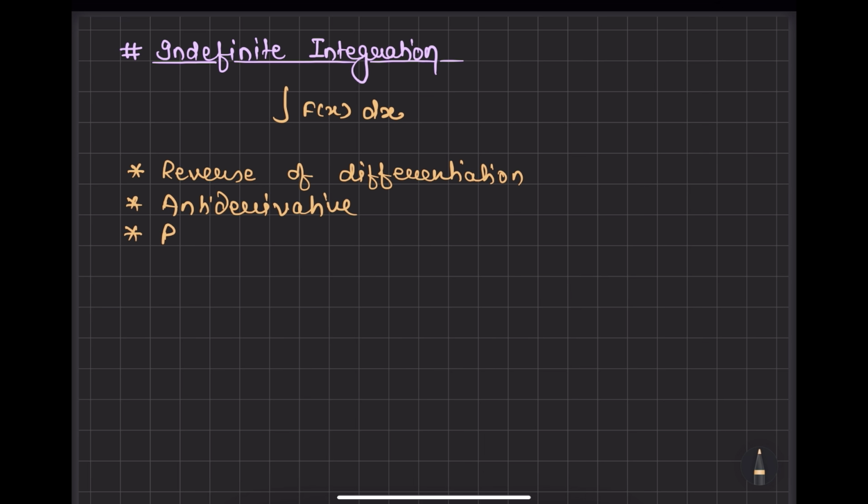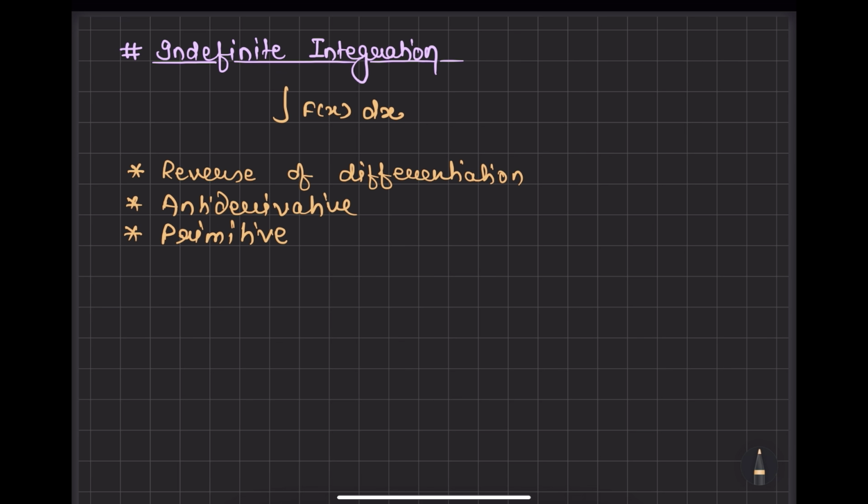Also you can call it primitive. Like suppose I am interested in finding the primitive of sine x, it means I want you to integrate sine x. Antiderivative of sine x means I want you to integrate sine x. Reverse of differentiation means I want you to find the integration of sine x.